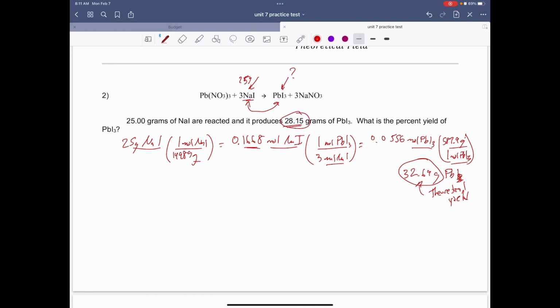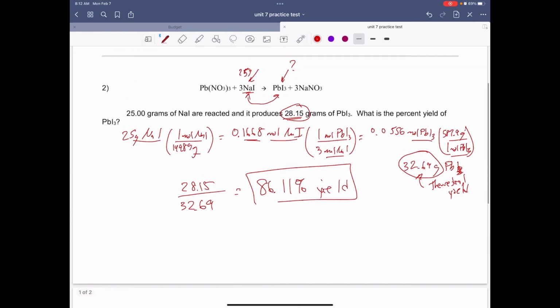So to get percent yield, we're going to go 28.15 and divide it by what you should have gotten, your theoretical yield. 28.15 divided by 32.69. And it looks like 86.11%. 86.11% yield. And that's how you do question number 2.